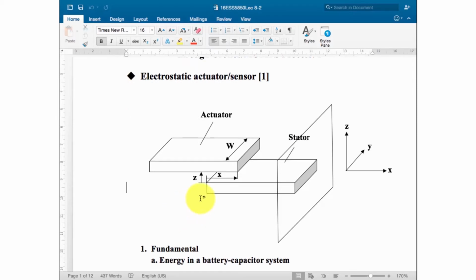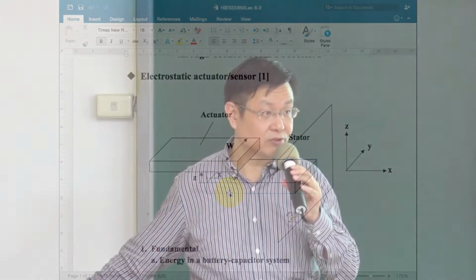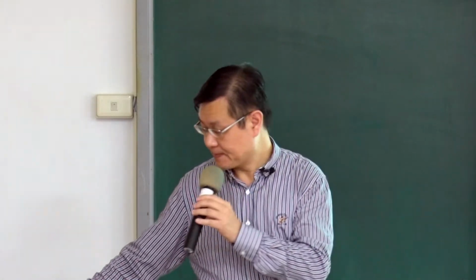When you move in the Z direction, the force is constant, because the charge density on these two plates won't change. That means the force stays the same and will not change.